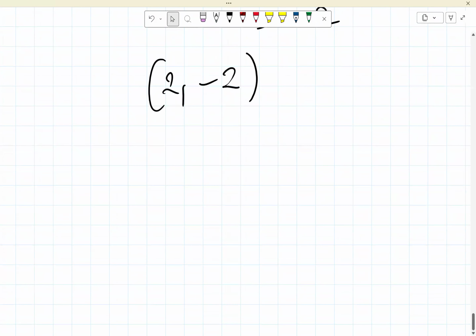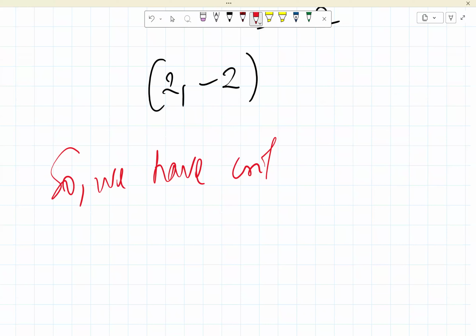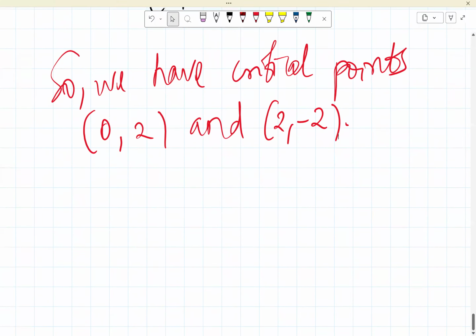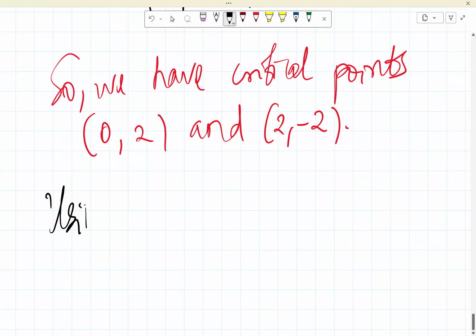Okay. So we have critical points 0, 2, and 2, minus 2. Then, using the second derivative, which helps us know which one is minimum and which one is maximum.